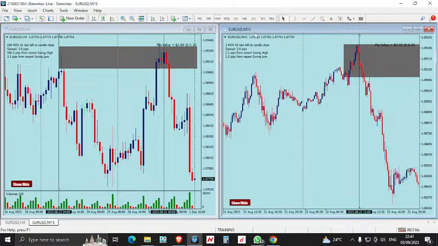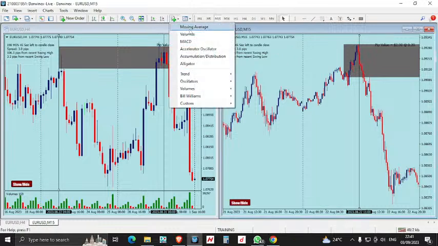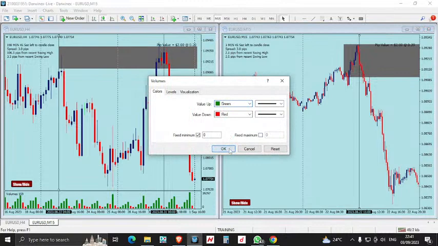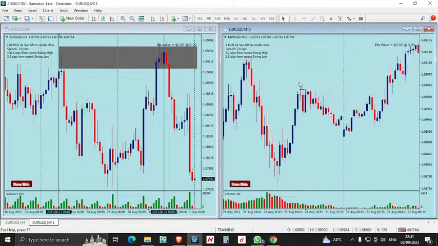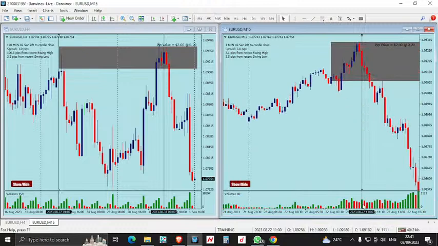Let me get my volume indicator. Good. And you'll bear me witness, this indicator, look at this one. It was weakening. Look at this one until we have this.